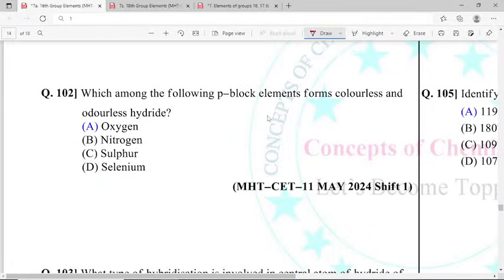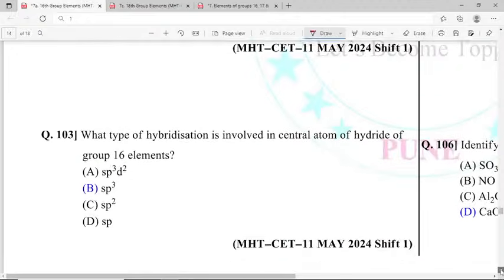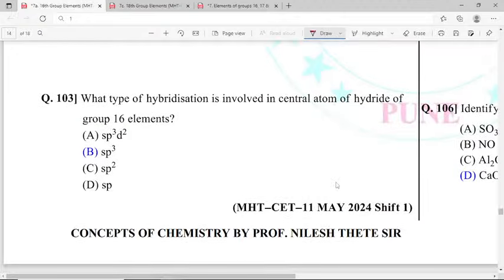Which among the following p-block elements gives a colorless, odorless, liquid, non-toxic hydride, H2O? Nitrogen and sulfur are different. Okay, group P. What type of hybridization is involved in the central atom of group 16 hydrides? sp3.